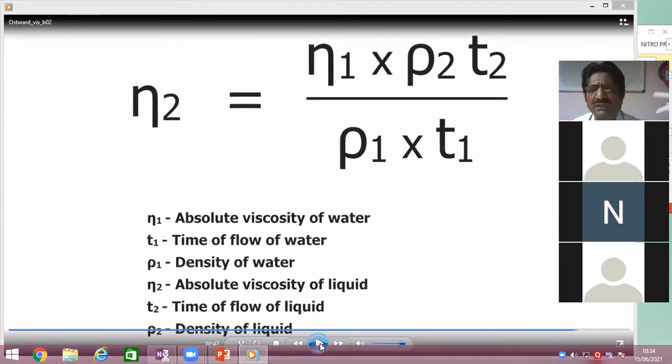Sometimes we use rho, or sometimes simply d for the density of the water and the liquid.